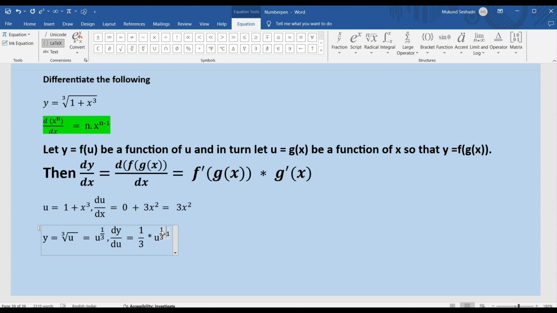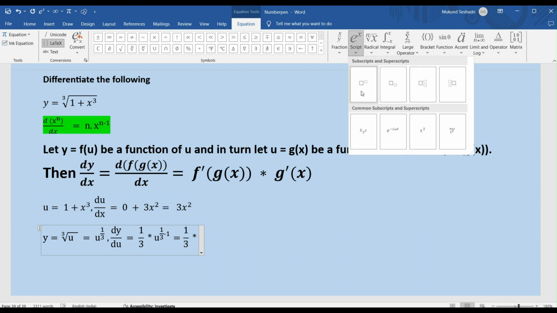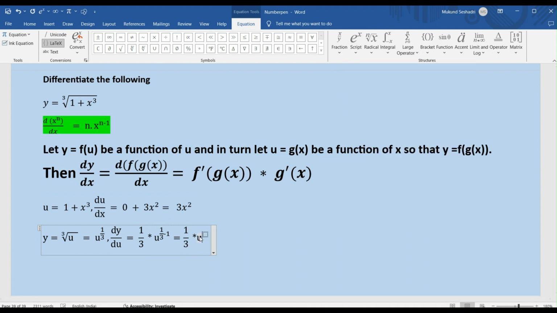And then I can rewrite it as 1 by 3 times u to the power minus 2 by 3, right? So this is my dy by du, and I have my du by dx.